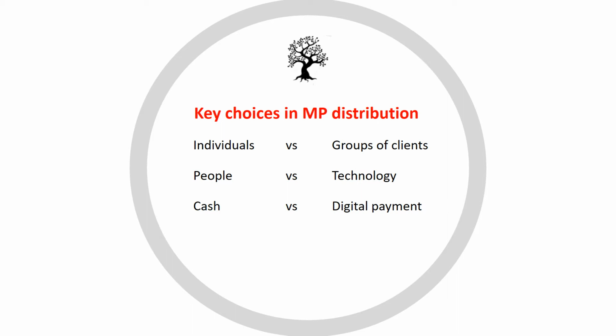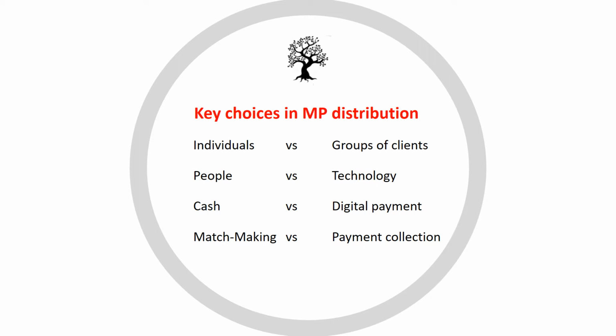The third key choice is between cash payments and digital payments. Here, aspects such as safety of cash payments as well as availability and costs of mobile money come into play. Also, clients' current acceptance of digital payment methods and understanding their issues around mobile money are important.